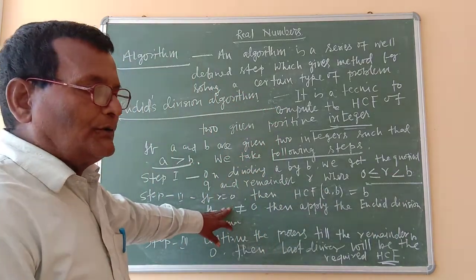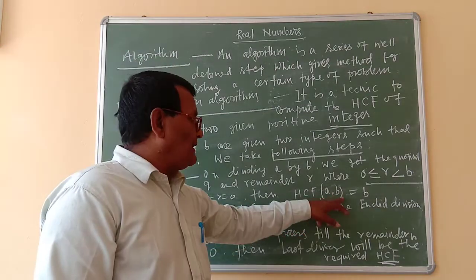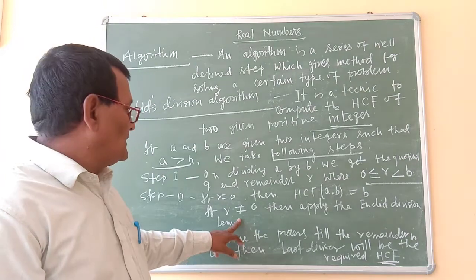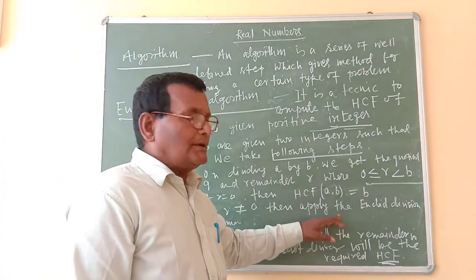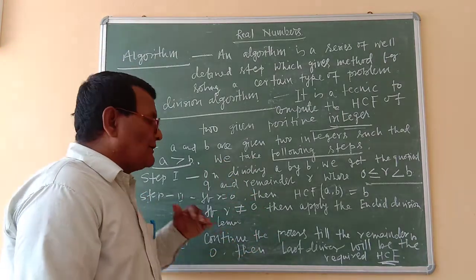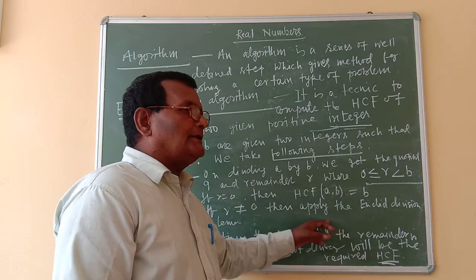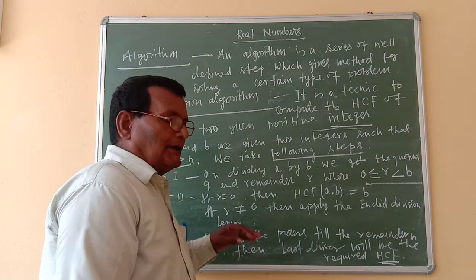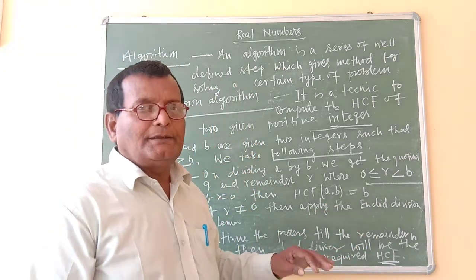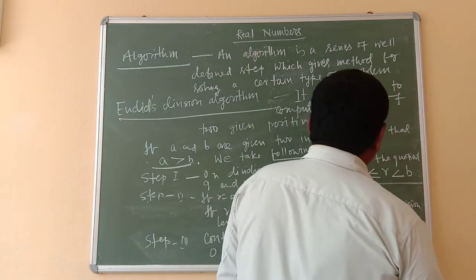If r is equal to 0, then the HCF of a and b is equal to b. If r is not equal to 0, then apply Euclid's division lemma, a is equal to bq plus r. Continue this process. Step 3: continue till the remainder is 0. If the remainder is 0, then the last divisor will be the required HCF of the two given integers.